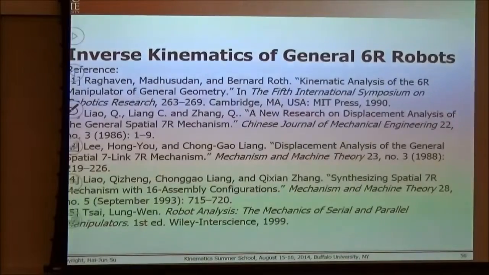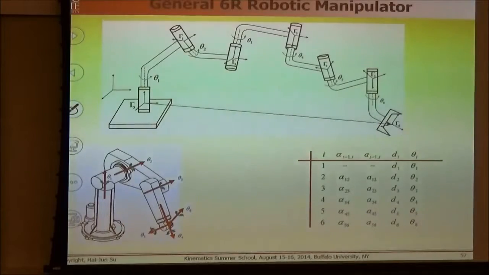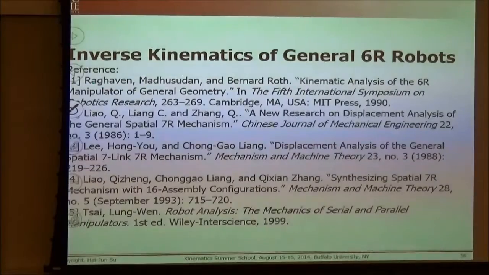Now I want to show how we can use the resultant elimination approach and the homotopy approach to solve 2 classical problems. The first problem is the well-known inverse kinematics of the general 6R manipulator problem. The solution is actually from the first reference, the Raghavan-Roth solution.